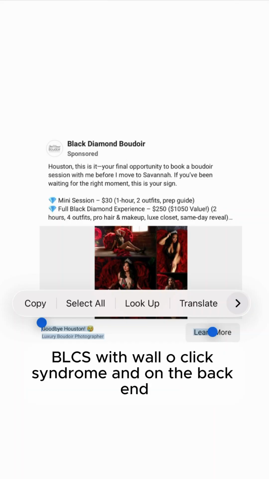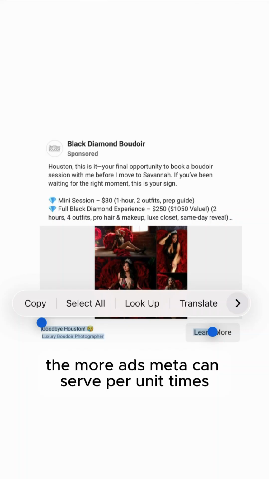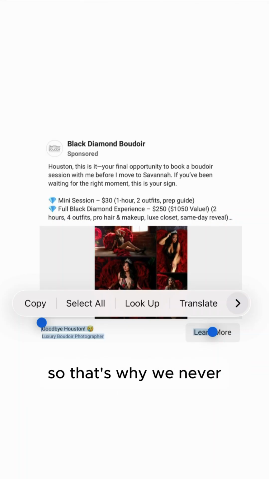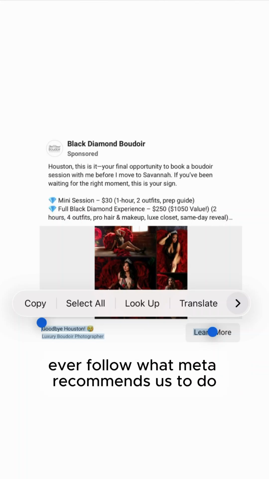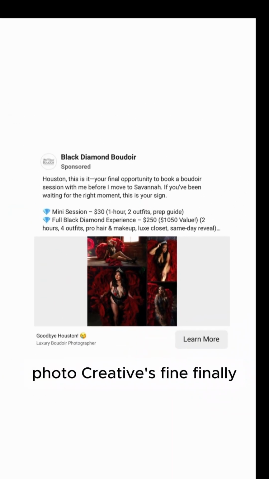And on the back end, the more women that scroll by our ad per unit time, the more ads Meta can serve per unit time, so the more money Meta makes per unit time. So that's why we never ever follow what Meta recommends us to do. Got the creative. All right, photo creative's fine.